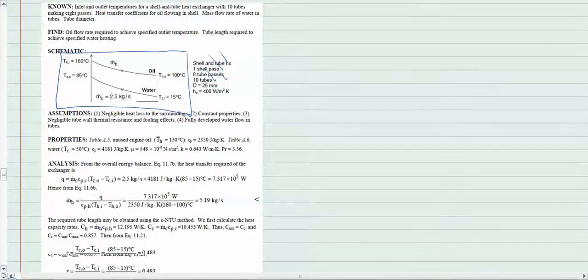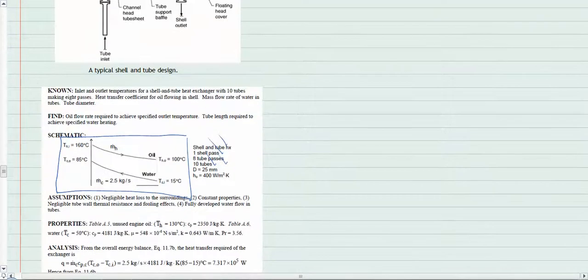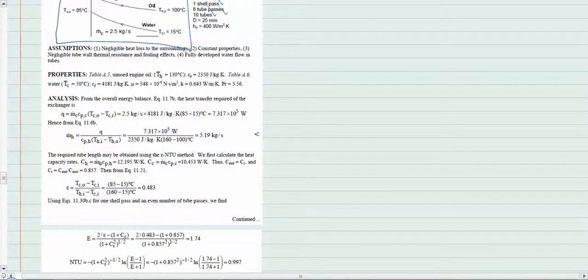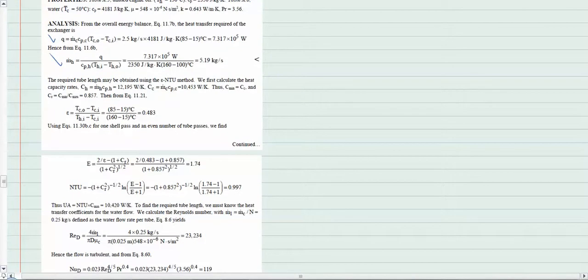As you go through this, you will recognize that we're going to focus on the epsilon-NTU method. Along the way, though, we'll apply the first law, and I would expect you to know that. I would expect you to know the definitions of C_R and NTU.